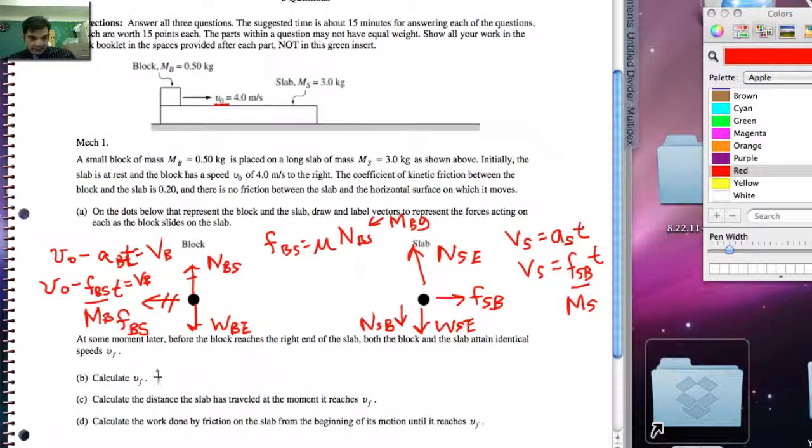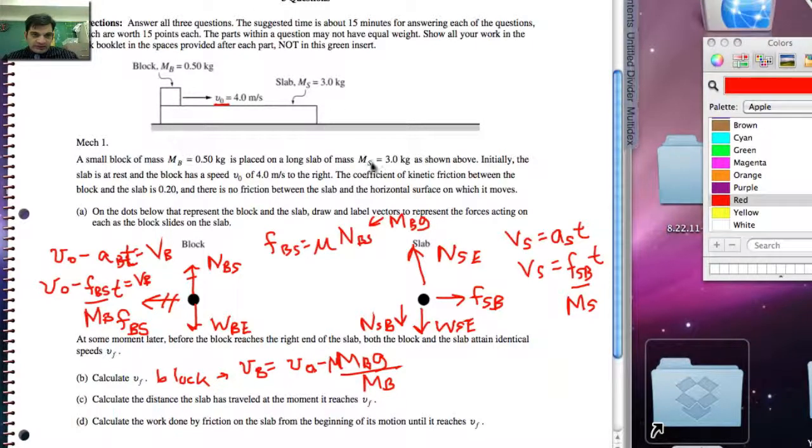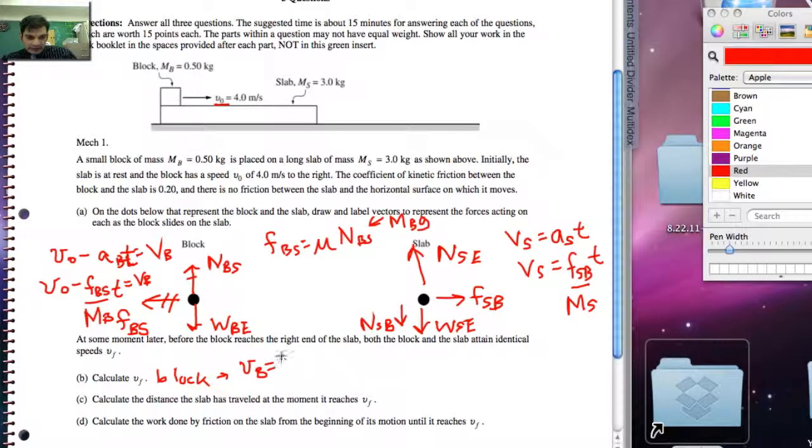For the block, v of the block equals v naught minus mass of the block times g times mu divided by mass of the block, times t, which simplifies to v naught minus mu g t.